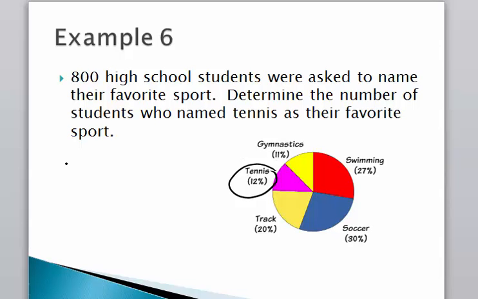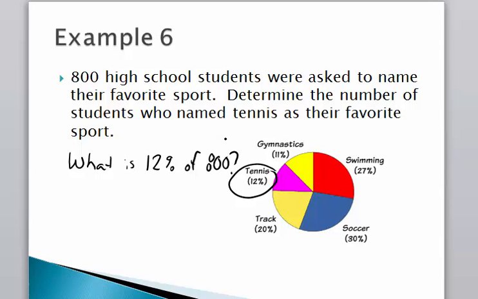So what the problem is asking us is, what is 12% of 800? We know that there were 800 students altogether. 12% of those students like tennis. We need to figure out how many students that actually is.